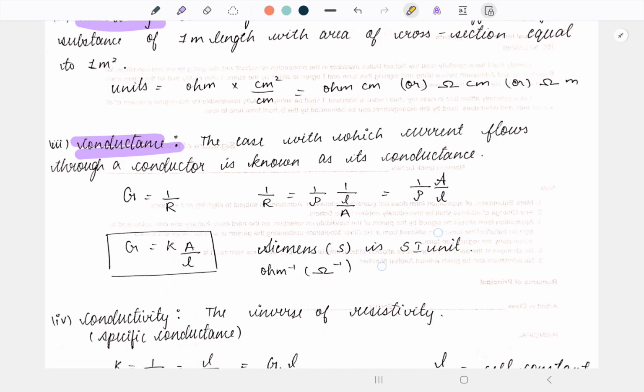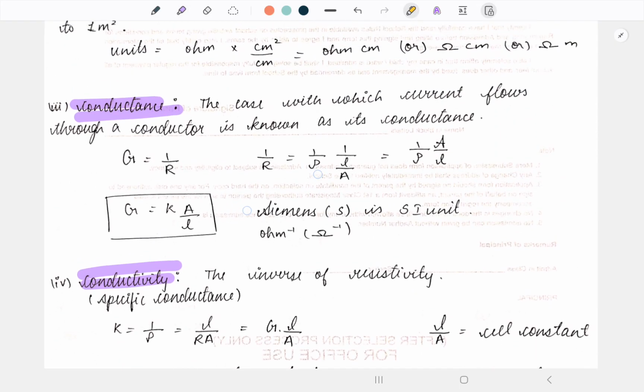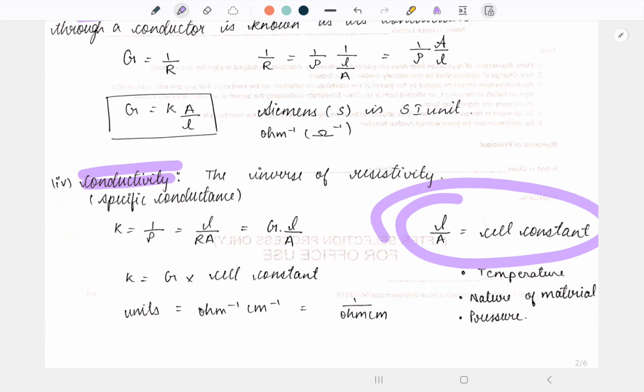Now we study about conductivity. Conductivity is the inverse of resistivity. The conductance is the inverse of resistance and the conductivity is the inverse of resistivity. Conductivity is called specific conductance. So we'll get it to be G into L by A. L by A is a cell constant.